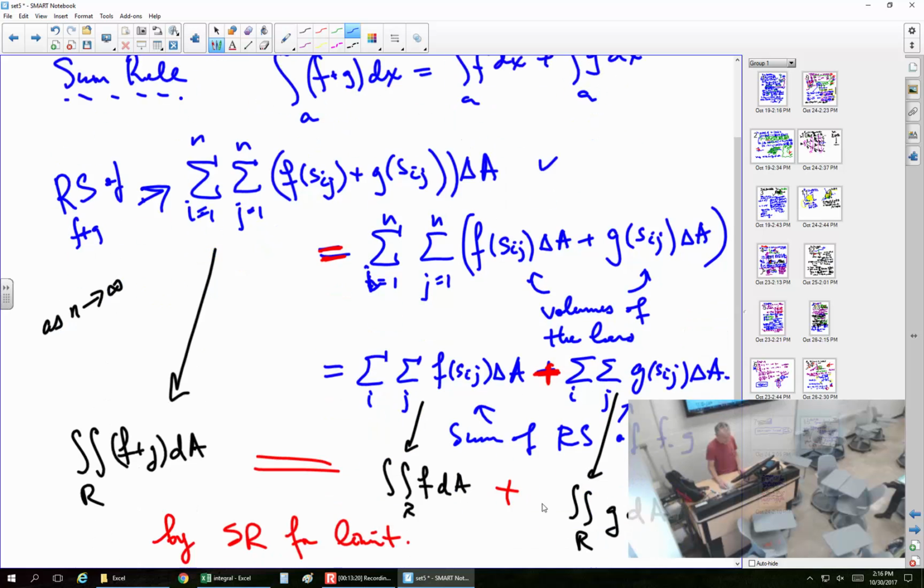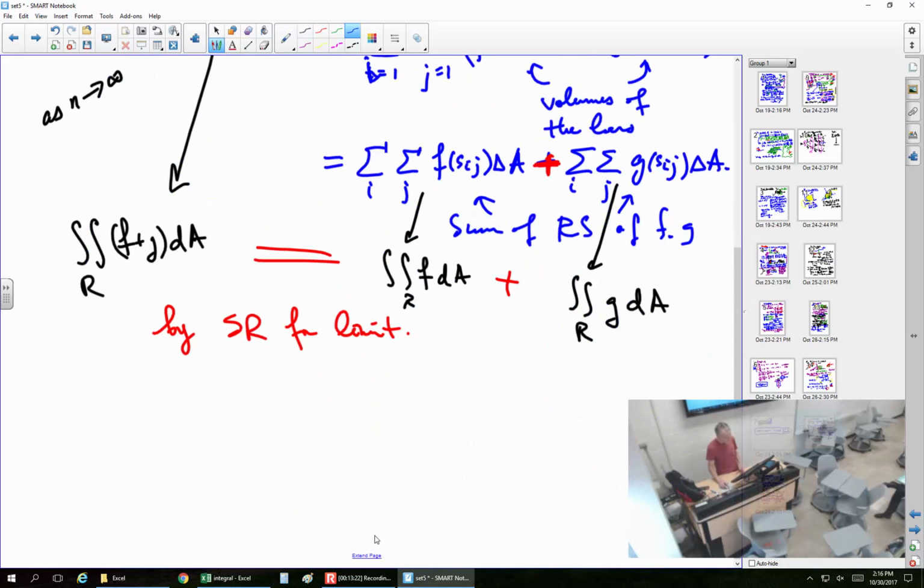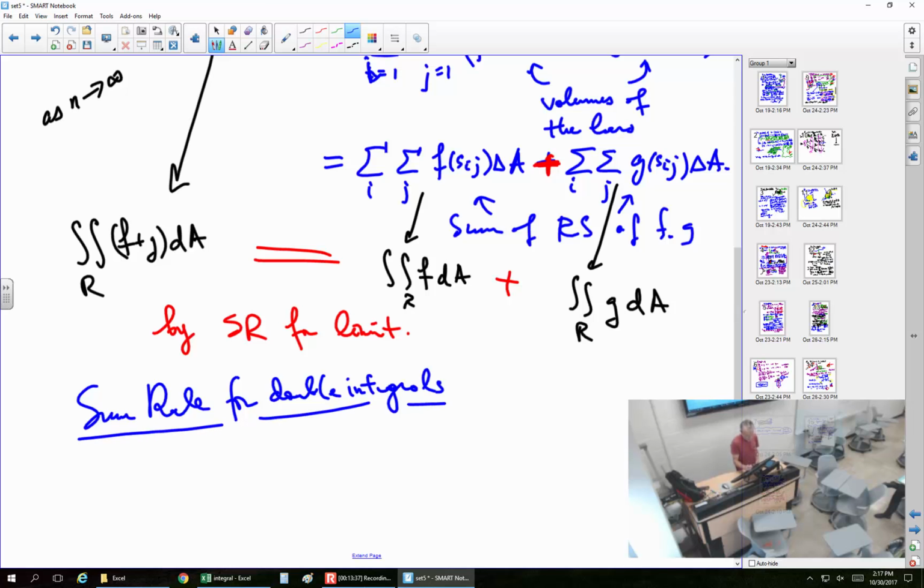So then let me state the sum rule for our Riemann integral. Or let's say double integrals. I dislike the term double integral or triple integral because the only thing that it really is referring to is how many of those integral signs you're using. It's not really that we integrate twice.